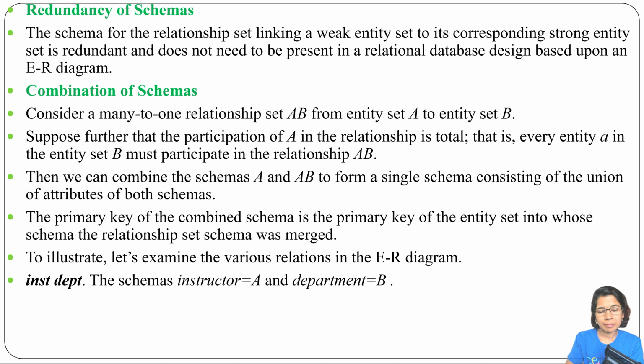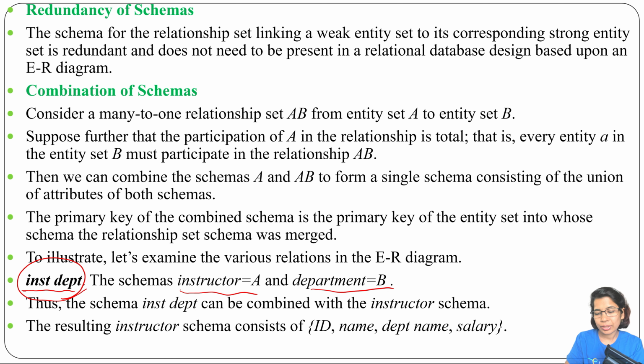Let's see the example. Instructor department is a many to one relationship from instructor to department. So let instructor be A and department be B. We can merge this relationship schema with instructor, as instructor is the many side. The resulting instructor schema consists of ID, name, department name, salary. So ID, name, salary are for instructor. This department name is for the relationship.